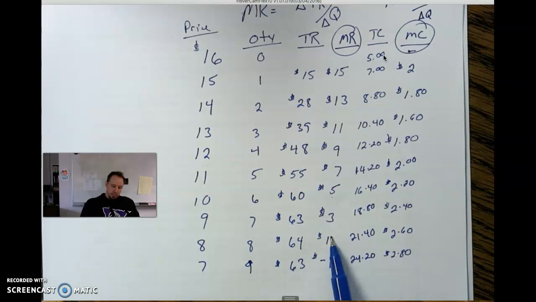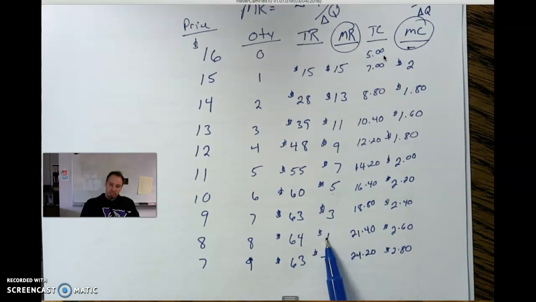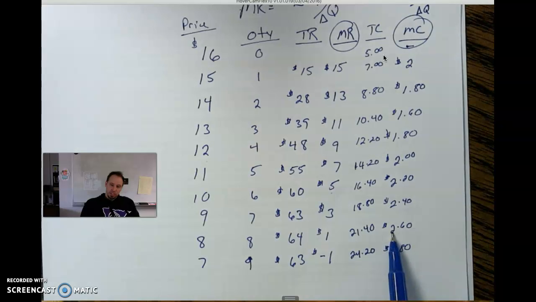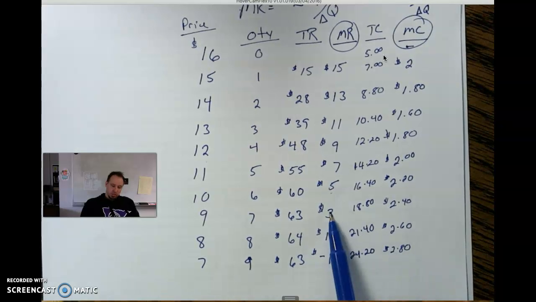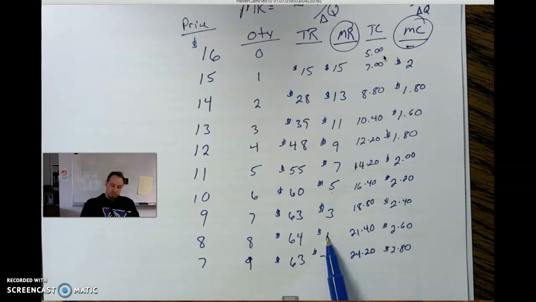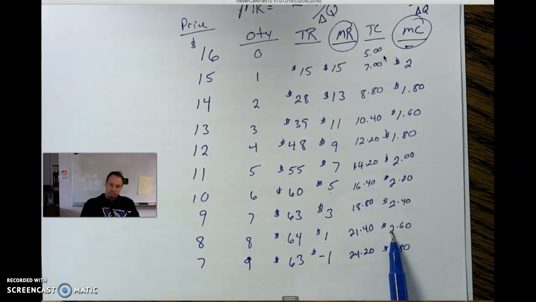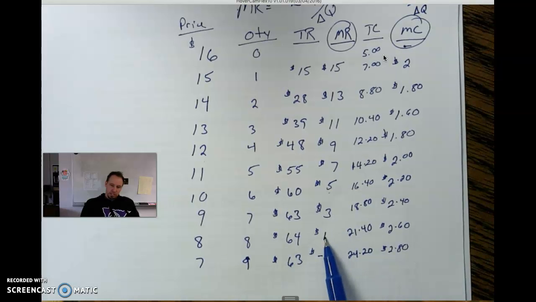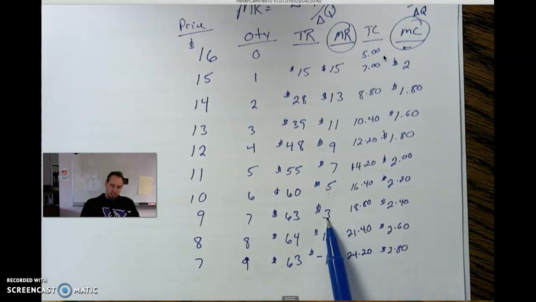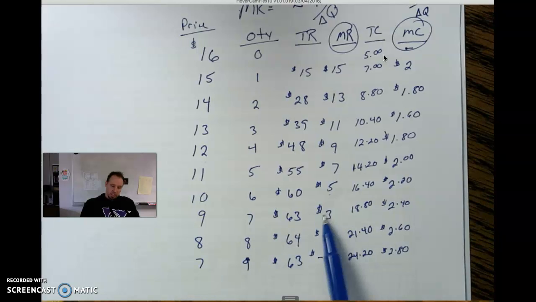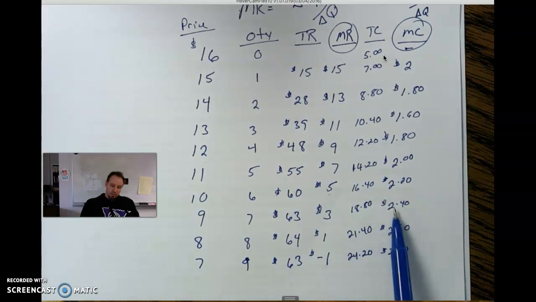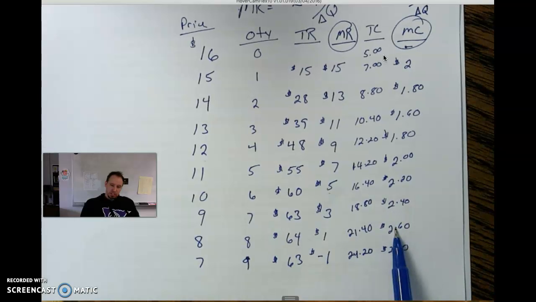All right, here's our 8th unit. Marginal revenue is only $1, right? But our marginal cost is $2.60. So in order to earn this extra dollar of revenue, we have to pay $2.60. It doesn't make sense to produce that next unit, because by producing the 8th unit we're gaining an extra dollar of revenue, but we're accruing $2.60 of cost.